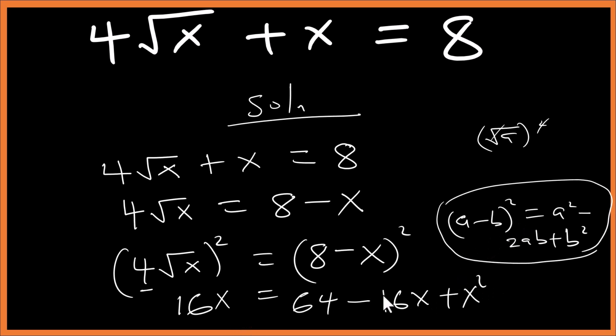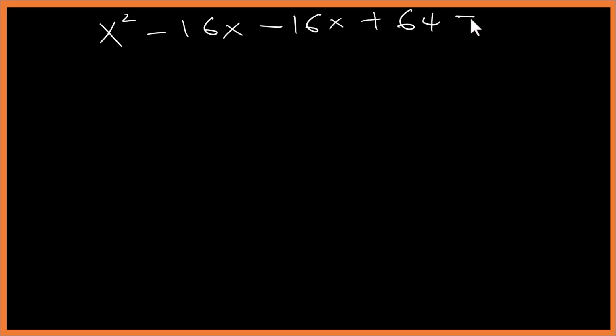So let's arrange this one. Since we are getting a quadratic, we have x squared minus 16x minus 16x plus 64 equal to 0.